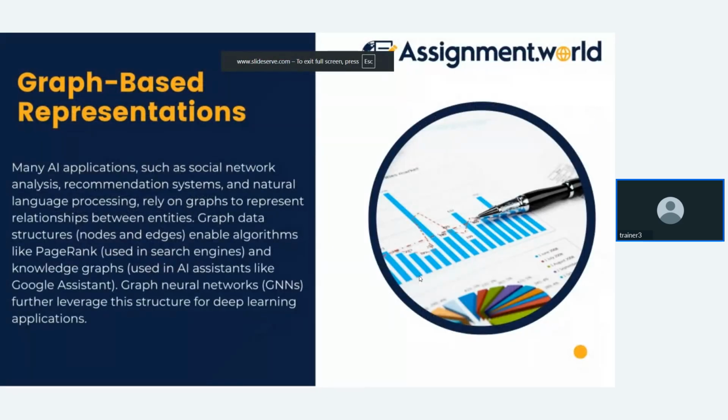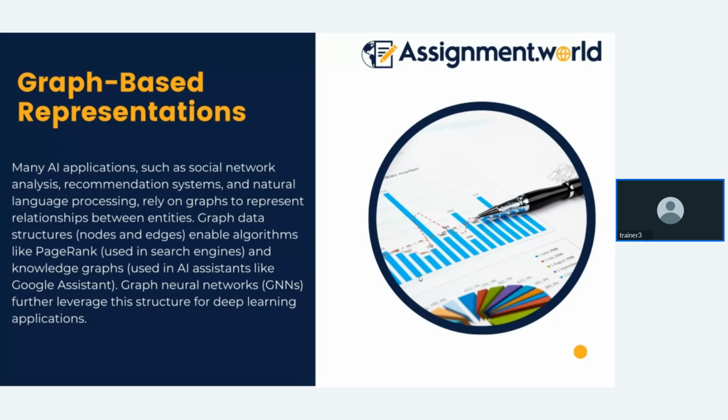So yeah, coming to graph-based representation. In many AI applications, it might be any kind of analysis, recommendation systems, or natural language processing, they all rely on graphs to represent the relationship between various entities.